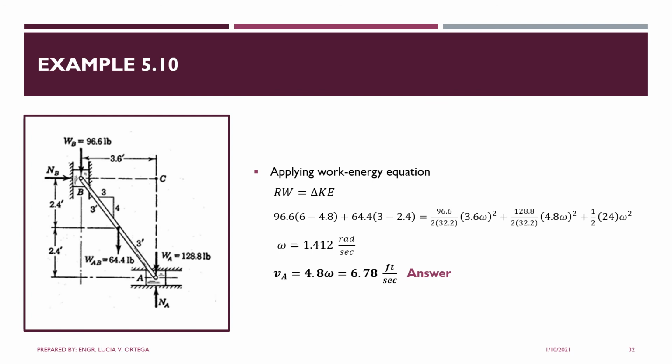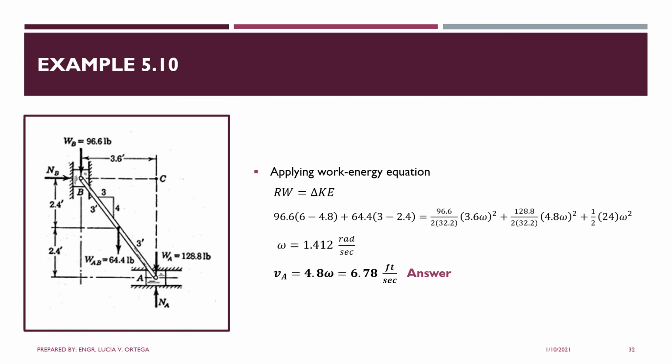Applying the work-energy equation, the resultant work is equal to the change in kinetic energy. So what is the resultant work? 96.6 times the total vertical distance traveled by this. Initially it's vertical, so the vertical distance is 6. Then it moved, and the remaining distance is 4.8.